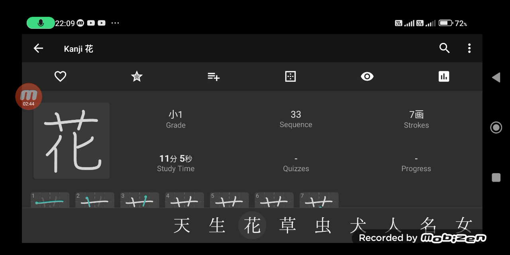Sorry, minasan, I'm clearing my throat. Let's go first with the strokes. This is basically 7 strokes, and we have 3 kanji radicals here.